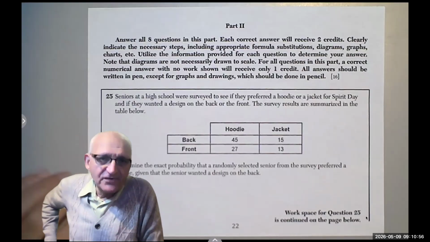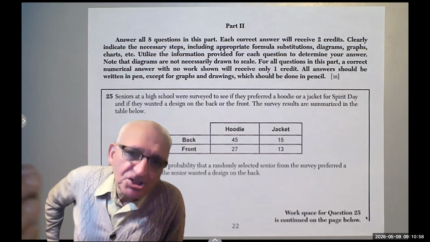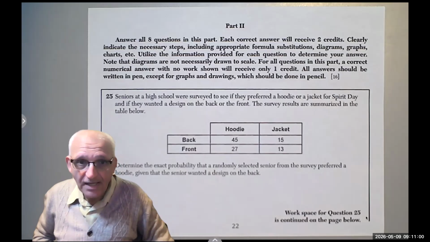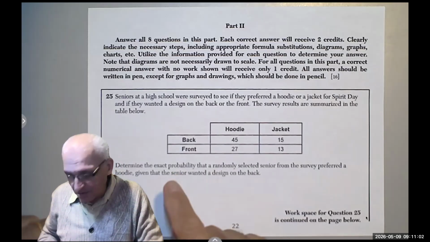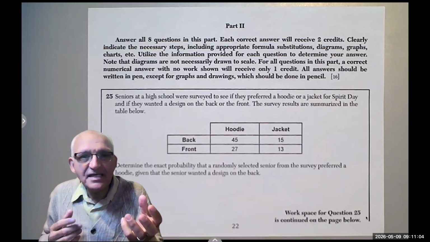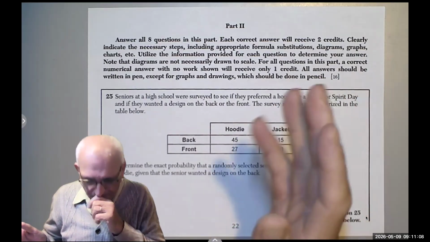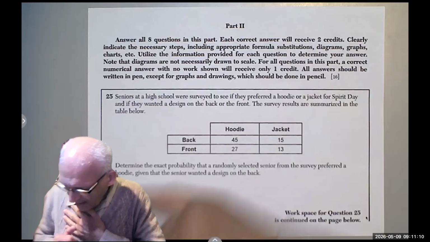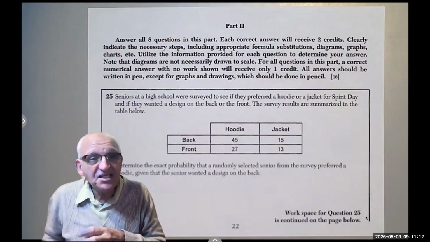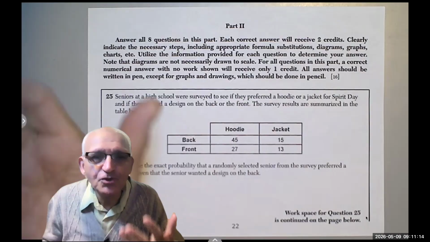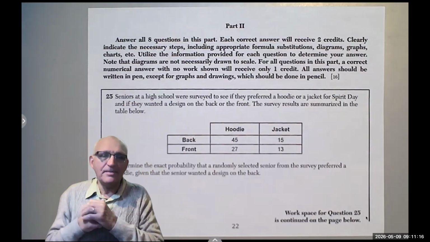So what's the meaning of given? Given means it's a conditional probability. It's as if I'm saying I don't care about the front, because I'm selecting a senior from those who like a design on the back.